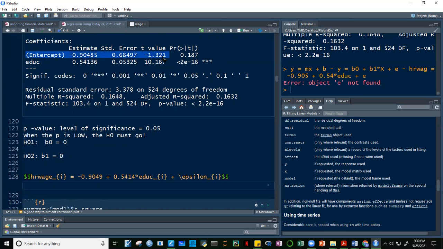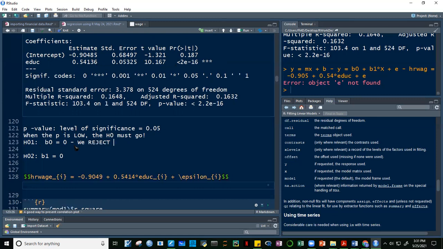So we can now create an inference. Itong intercept natin, okay, statistically significant ba itong negative 0.9 na yan? Or baka nagkataon lang yan, baka statistically insignificant yan. Ibig sabihin, there's a probability that that value is 0. And that's what we're testing. Ang null hypothesis natin, B null is equal to 0. And since P is, so ang conclusion natin dito, we what?